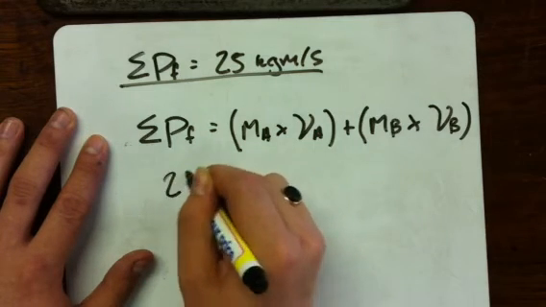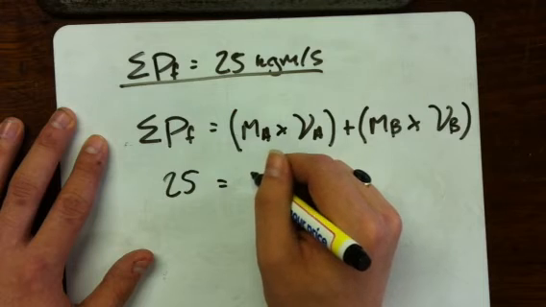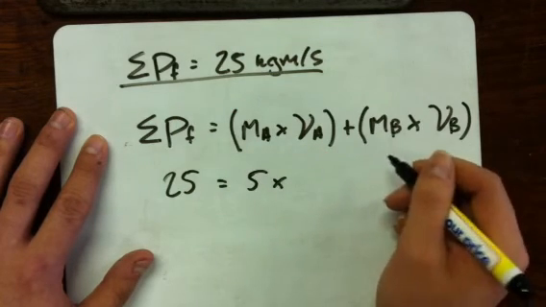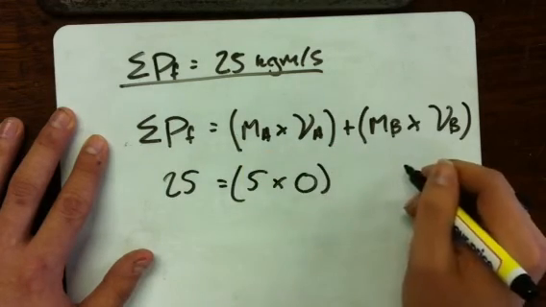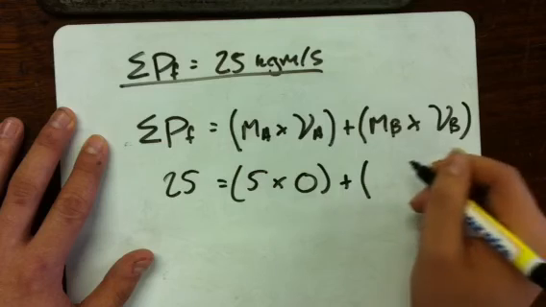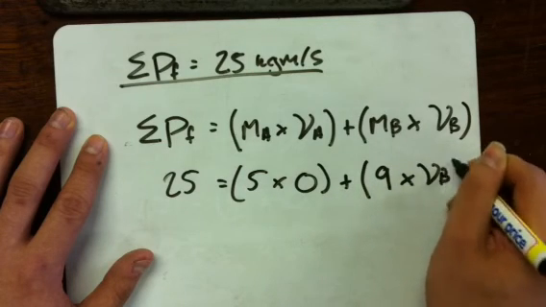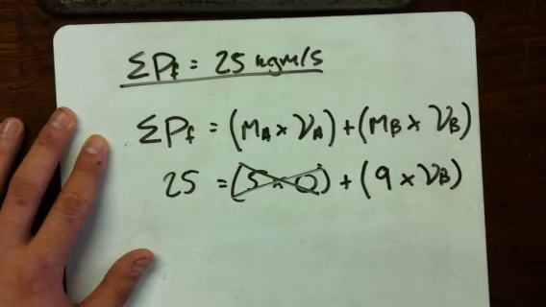So we have 25 equals m_A, which if we remember is 5 kilograms, times the velocity of A, which if we remember is 0 because of the 100% transfer of momentum, plus the mass of B, which is 9 kilograms, times v_B, which we don't know yet. 5 times 0 is 0. Cancel that out, saves us a bit of a problem later on.